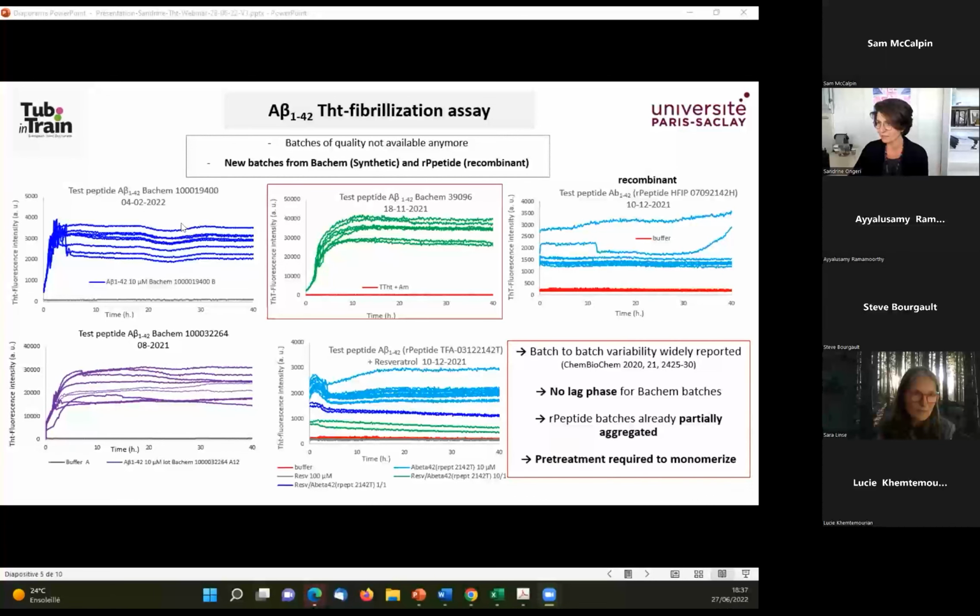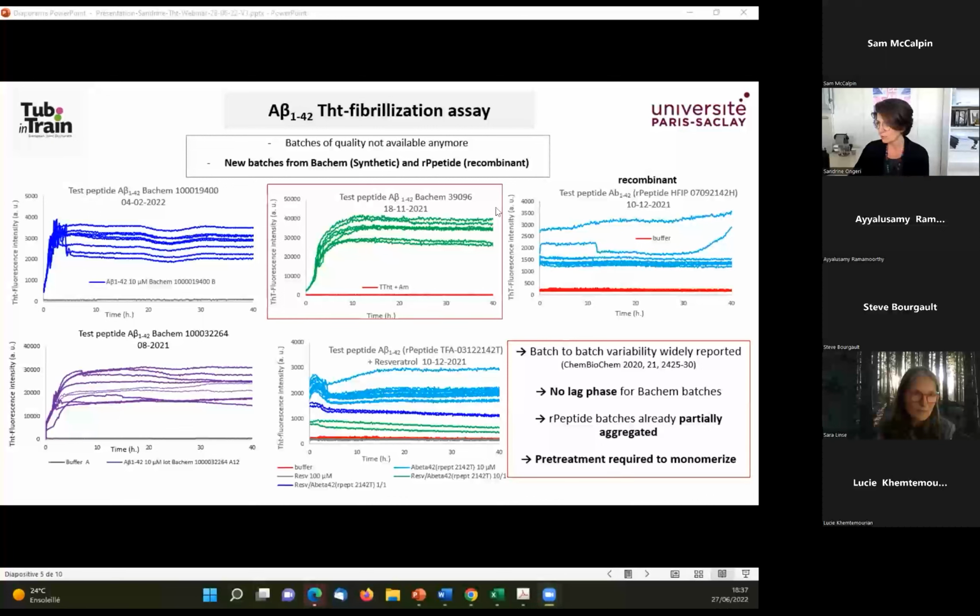You can see here, for example, with different batches from Bachem, that the lag phase is very, very short. And with peptide obtained by recombinant techniques from AlexoTech, in that case, we had already some aggregated A-beta 42.